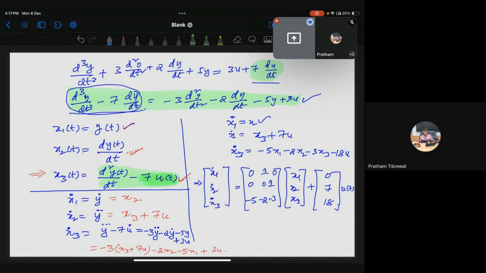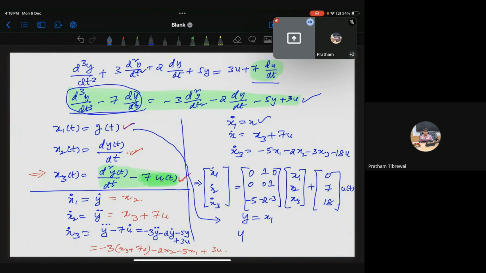Adding the derivative terms of the input, this is how we convert the given differential equation into a state space system. Clear? After that, finding Y is the same. From this equation, Y is equal to X1, correct?